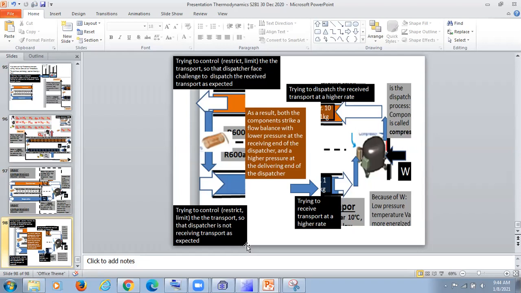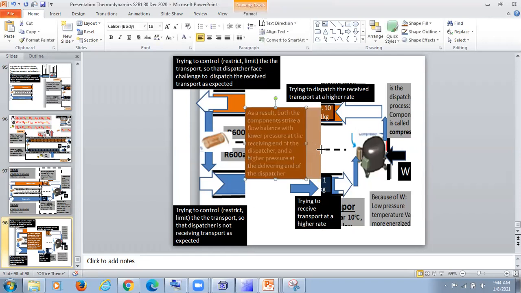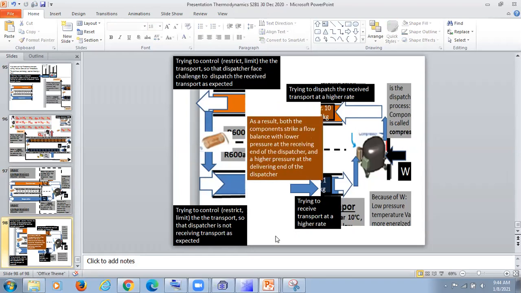So these are the 2 components responsible for these 2 pressures, high pressure and low pressure.